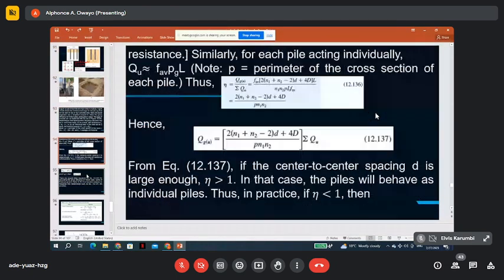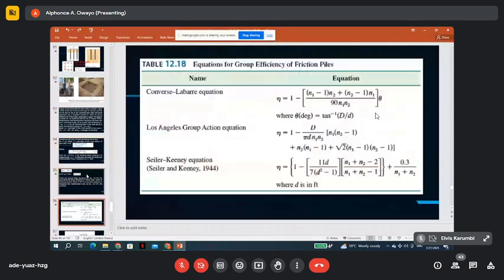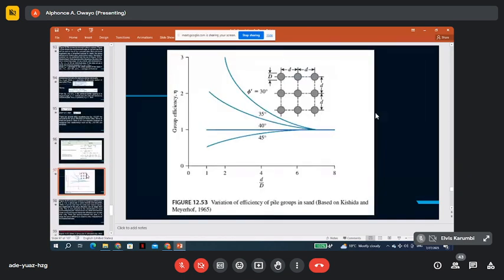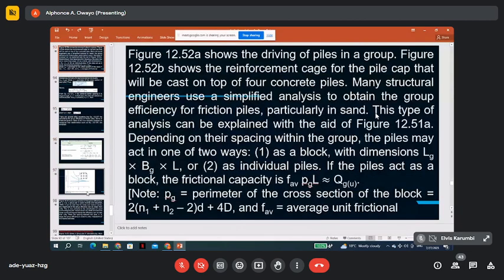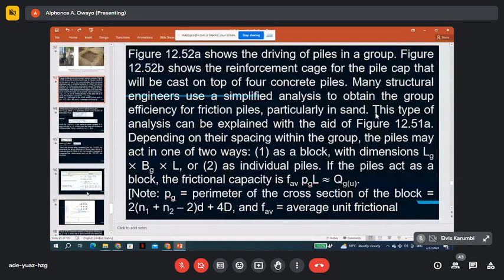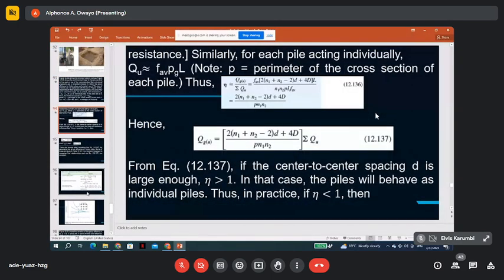Okay, so these are several formulas from several jurisdictions. Okay, and in engineering, as usual, you can see the formulas are complex, but for engineers we should not say they are complex because that's what we do.